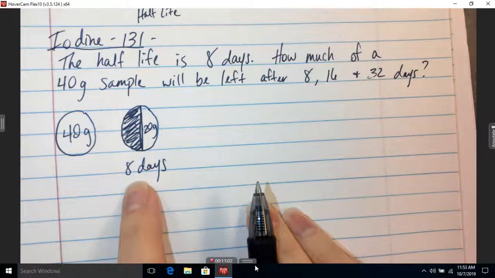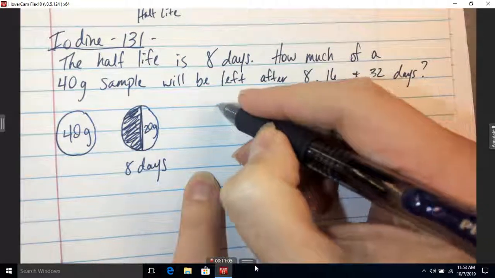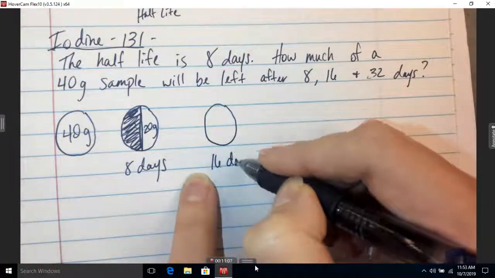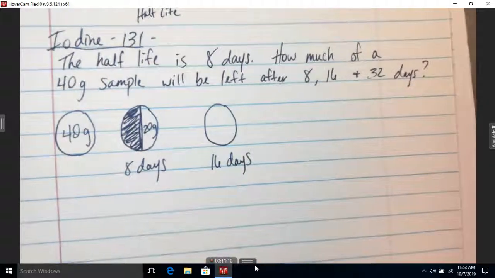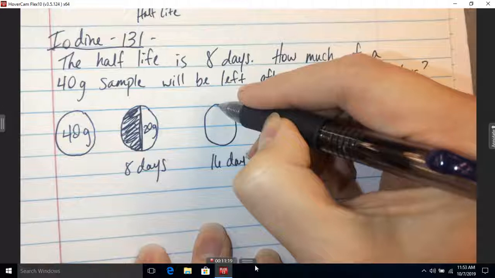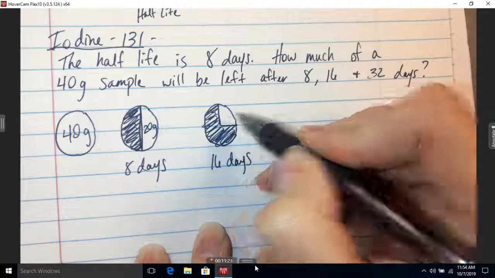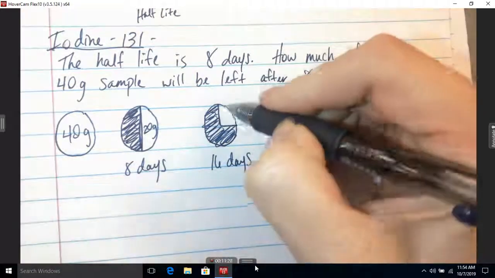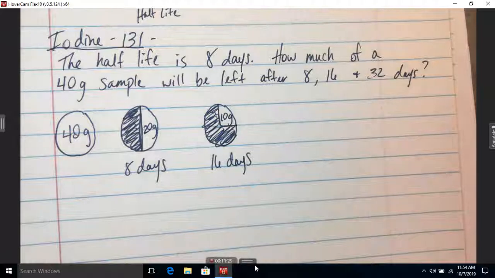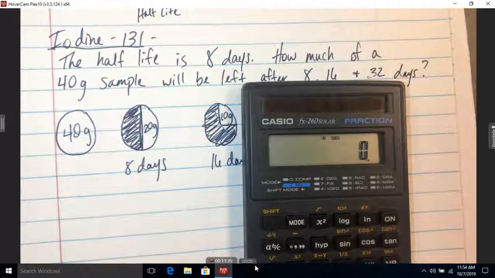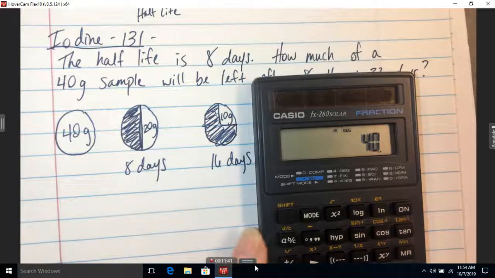So plus 8 more days. So the next half-life is at 16 days. How much is going to be decayed? Well, or how much is left? 25%. All of this is decayed. So how many grams would that be? 10 grams. Who doesn't understand? Y'all, you can take your calculator, start at what they give you, and just keep going.